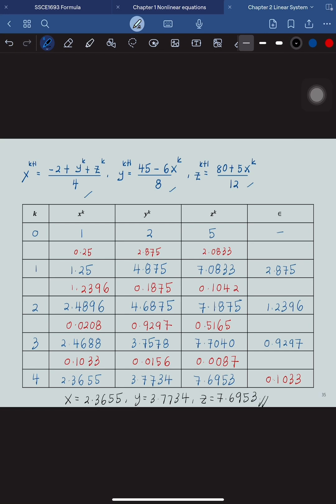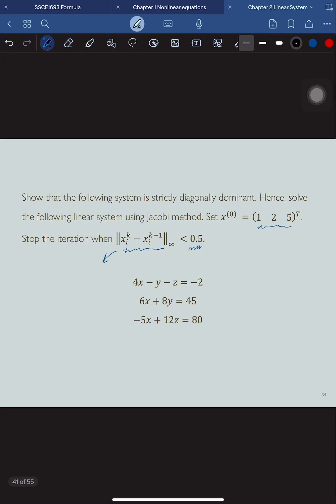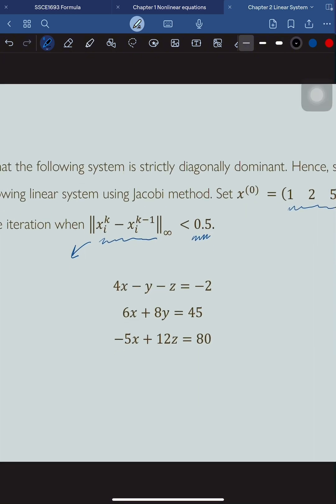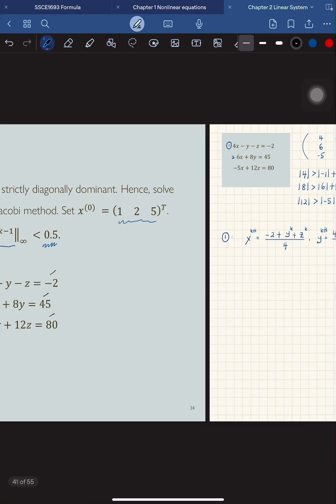So this is your answer. Okay, actually, you can check. You can substitute back this x, y, and z into this equation, and if you get the value of b here, then the values of x, y, and z are correct, right?